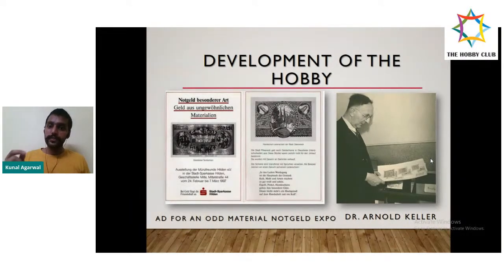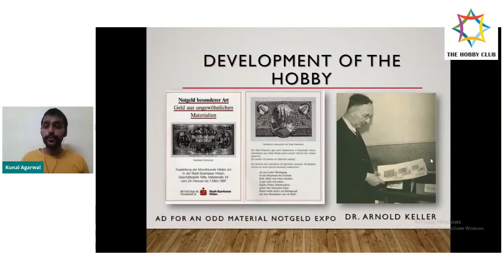This man single-handedly recorded more than 1.5 lakh variants of Notgelds. Obviously, most of them are paper Notgelds, but a couple of thousand are odd material as well. You can see him holding some new Notgelds which were issued, and he's trying to see if the design is good or not.